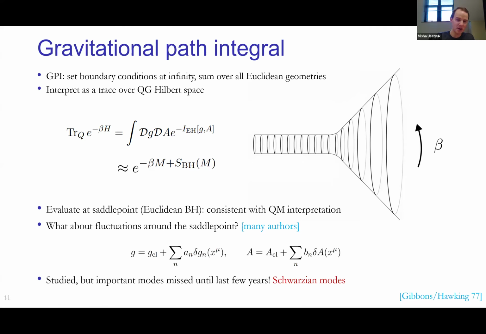So this was done by many authors maybe 15 years ago. And what these analyses showed is that if you did this, you'd basically just modify the entropy by some sort of interesting factor, but it was just some overall prefactor that shifted the entropy in this formula.